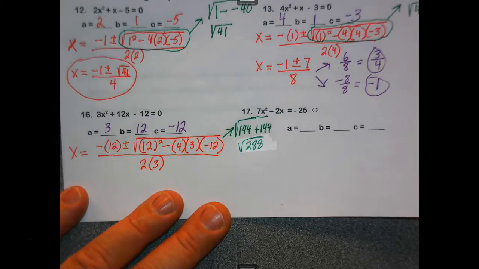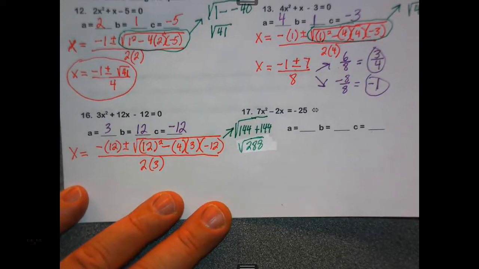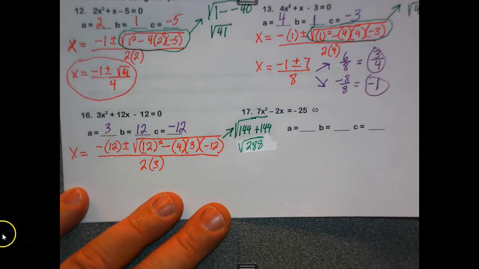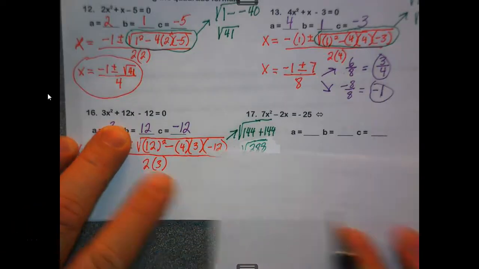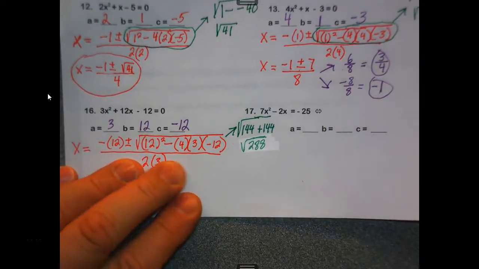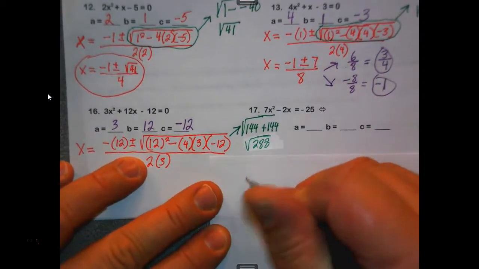Put that in the TI-30, it'll simplify it for us. Yeah, that's not going to work. There we go. Back to 288.